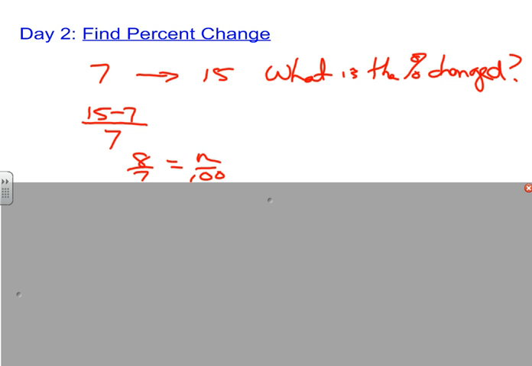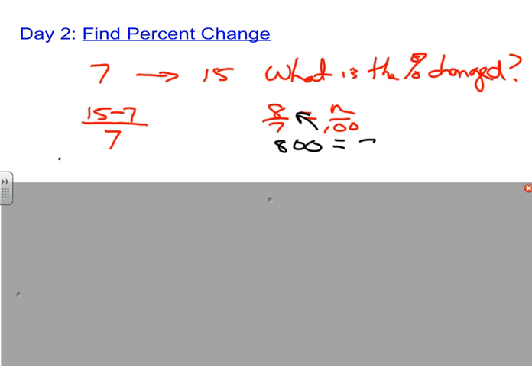Okay? So if we solve this little proportion, we can use our cross products, I guess, to solve this, right? Or we could simply multiply both sides by 100. But anyway, let's do cross products. 800 equals 7n, and now we bring the 7 back down.